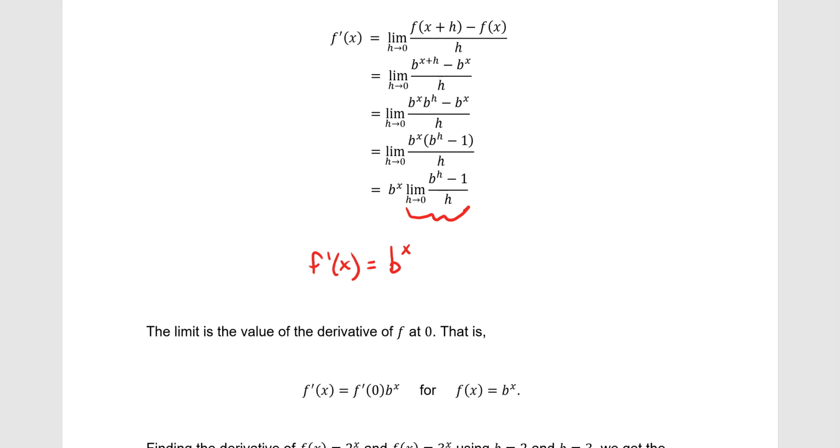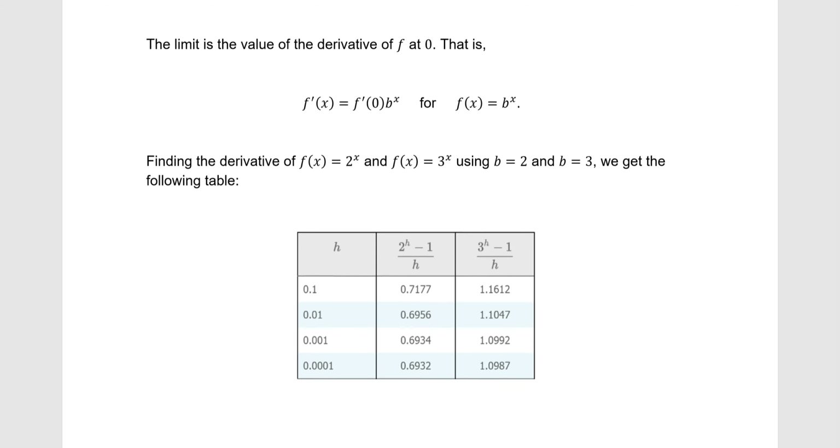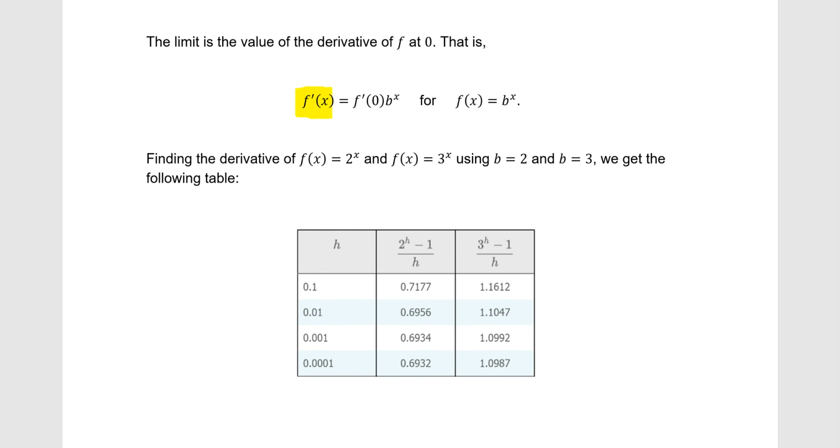So this portion right here is actually f prime of 0. That gives us this relationship: if you are starting with the function f of x equals b to the x, then the derivative is f prime of 0 times the original b to the x.